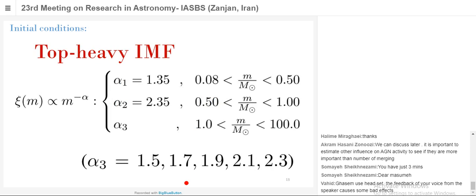We use the IMF in the form of a three-segment power law as follows. In order to cover the top-heavy models and canonical models, alpha 3 is varied from 1.3 to 2.3, and 1.5 to 2.3.